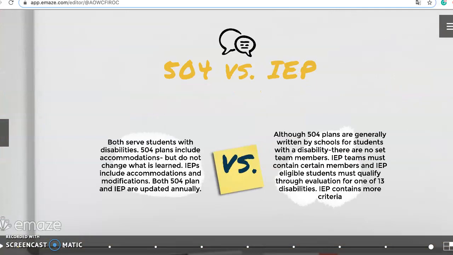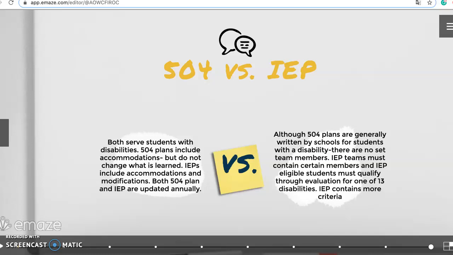The 504 and the IEP are often confused for one another in that they both only serve students with disabilities. However, the 504 plan includes only accommodations but cannot change what is expected to learn. It's still a way to implement the general education curriculum. Both the 504 plan and the IEP are updated annually.